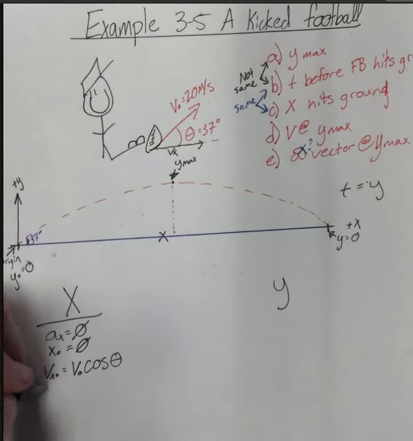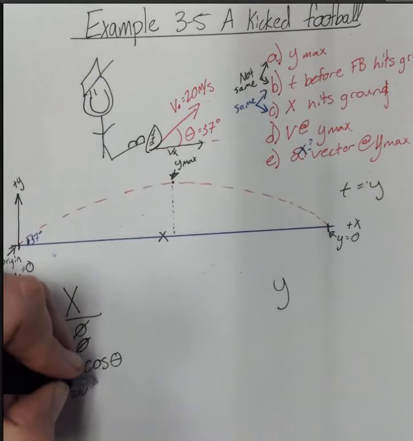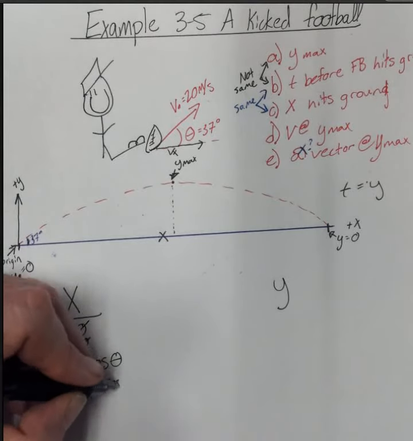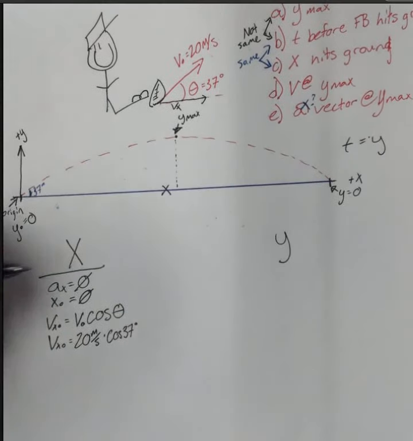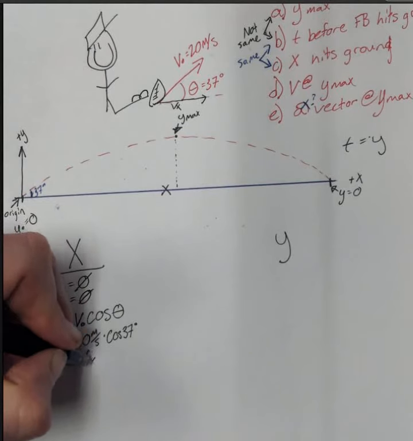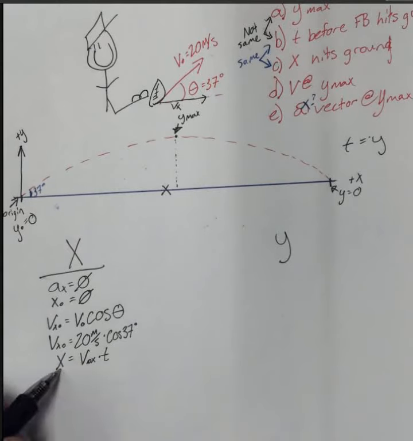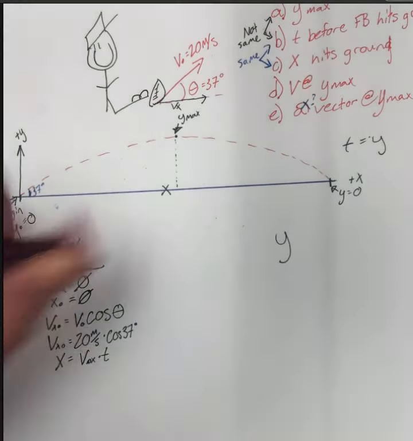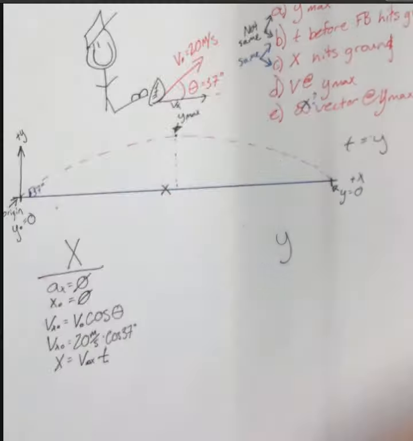So Vx naught is going to be equal to 20 meters per second times the cosine of 37 degrees. And my equation is x equals V naught x times t. So I could solve for this if I knew time, and I know that time is going to be determined by the y plot.